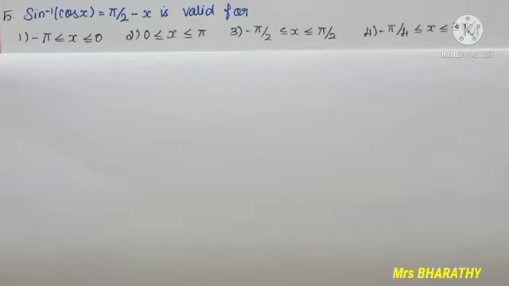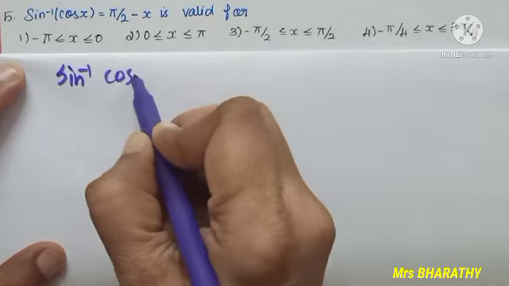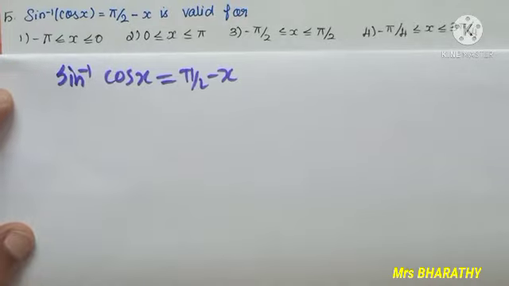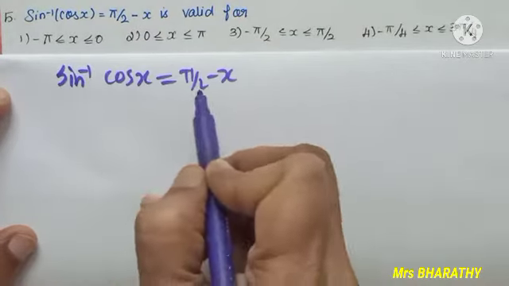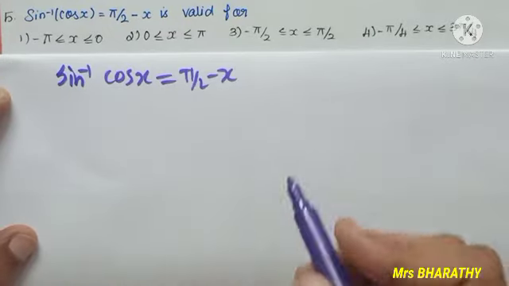Question number 5. Sine inverse of cos x equals pi by 2 minus x. This is valid for the x values we need to find out. We know sine inverse, that answer should lie between minus pi by 2 to plus pi by 2.